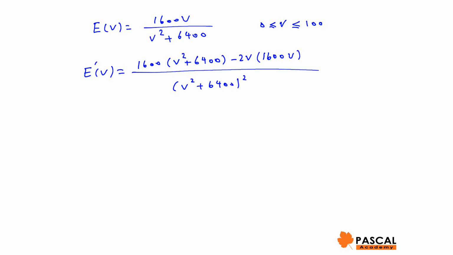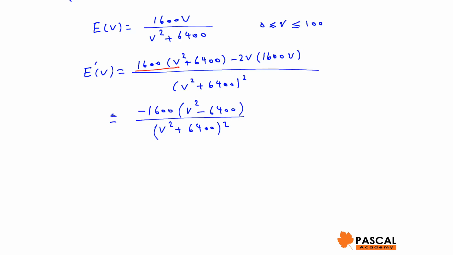This can be simplified as 1600, factored out, times negative V squared plus 6400 minus 6400, divided by (V squared plus 6400) squared.